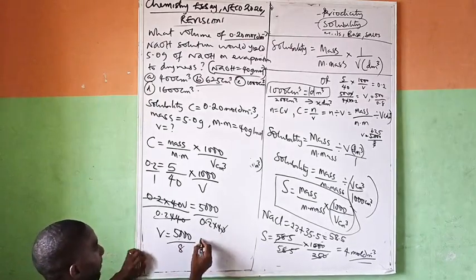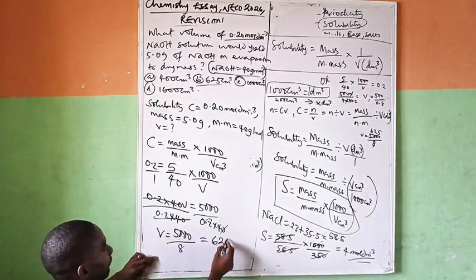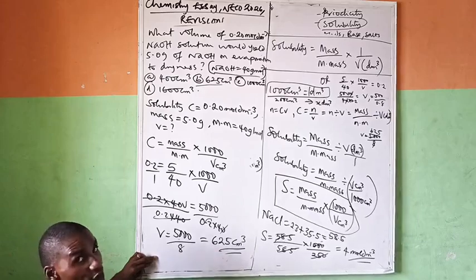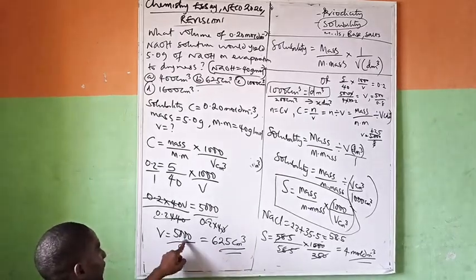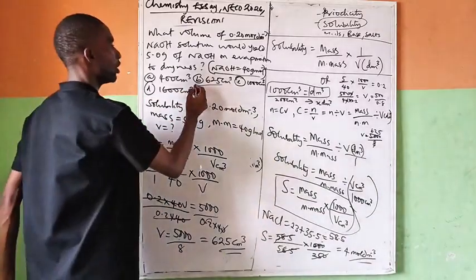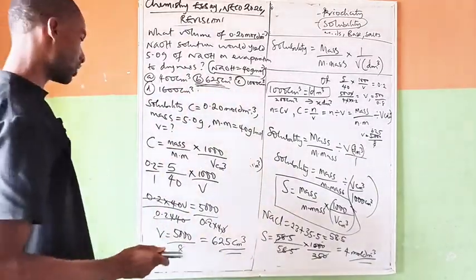So 5000 divided by 8 is going to give me 625 centimeter cube. So the answer is 625. That is the answer to the question.